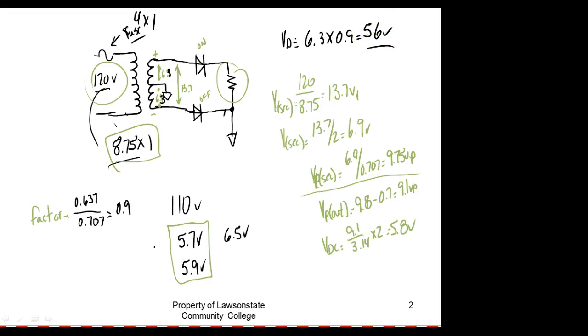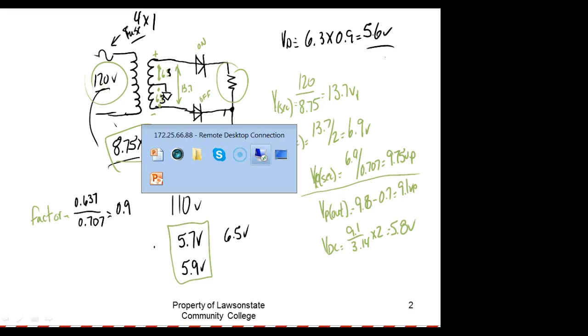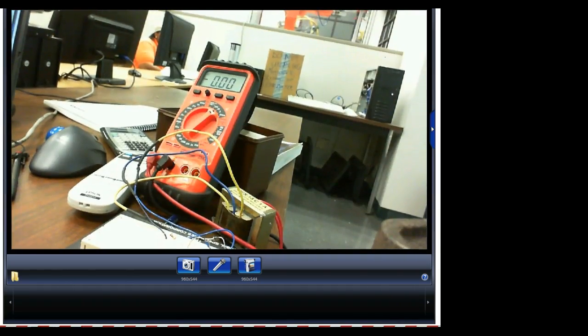Now what this does though is basically ignore the diode drop, right? You understand? And of course, this is what I got my meter up here. And this is really interesting. And then I'm going to take my meter and I got it on DC volts.